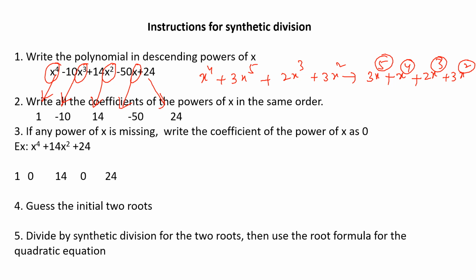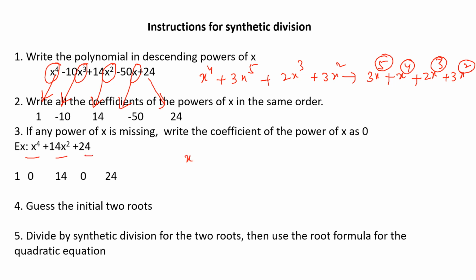Now let me come back to another example. Suppose in any case you don't have consecutive powers of x. In such cases, you have to write the coefficient as 0. You have to write the powers in descending order and consecutive powers of x. In this example, we have x power 4, then x square, and then a constant.